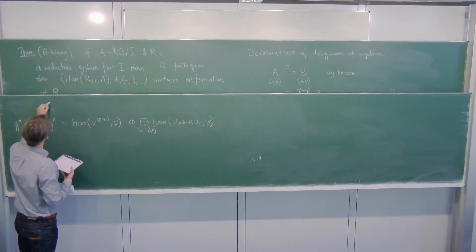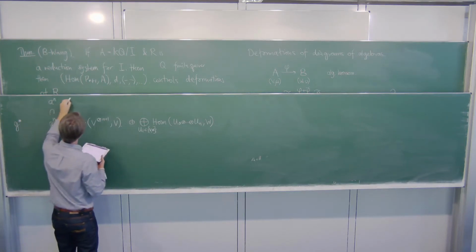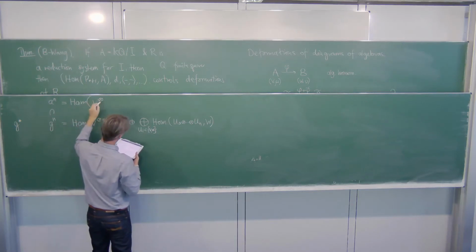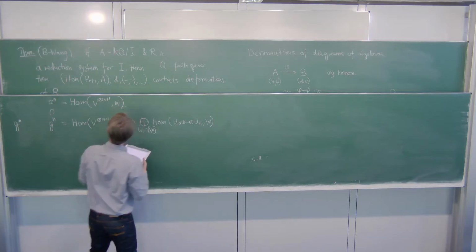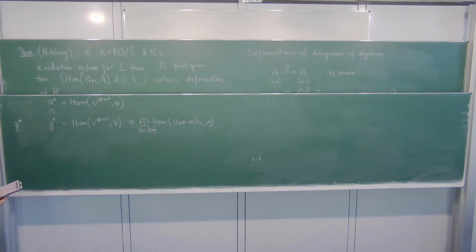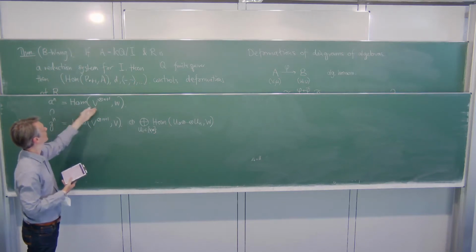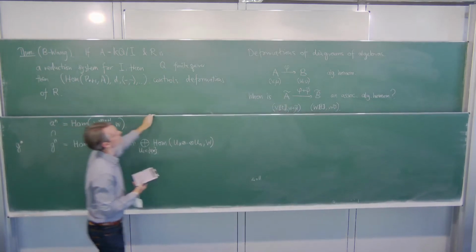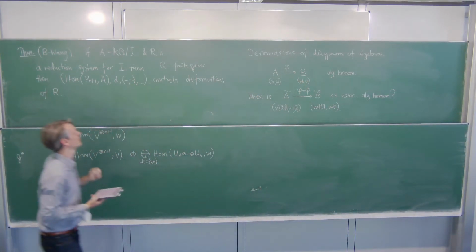Then you can look at this subcomplex, and you see if n is 0, then I have a homomorphism from V to W, which corresponds to a linear map here.